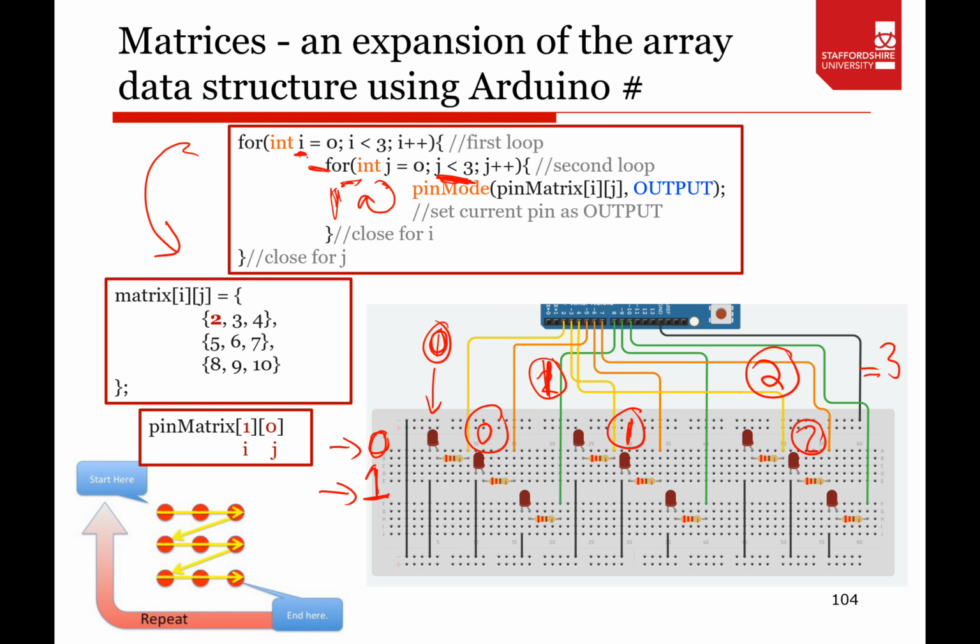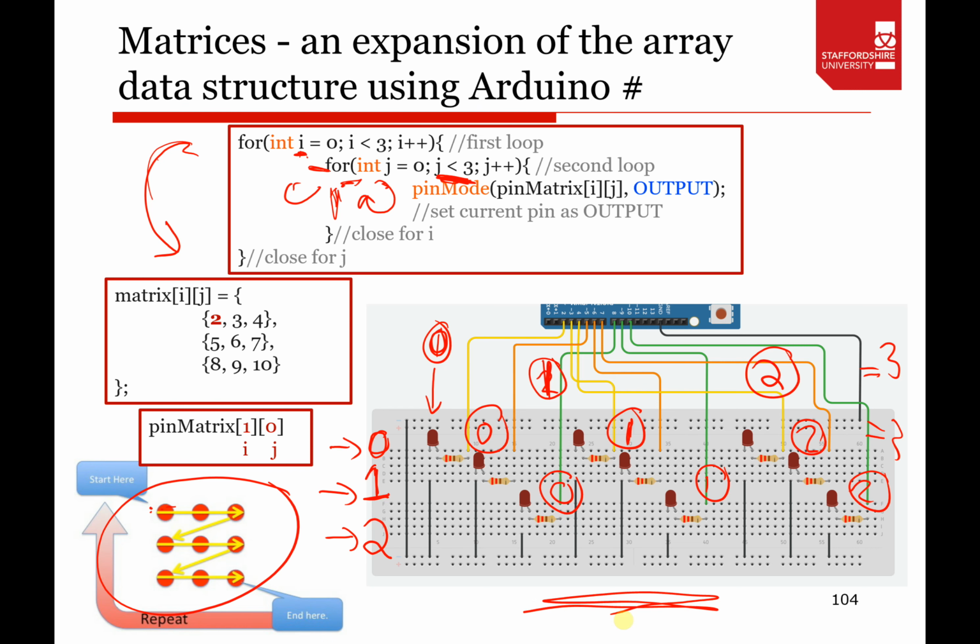And then this would equal 3 again, so this would jump out. Then this would go to its next iteration, which is row 2, and then we'd go 0, 1, 2. So we're essentially following this diagram here, which is what I've just written on here. So we are setting all of those pins as output.